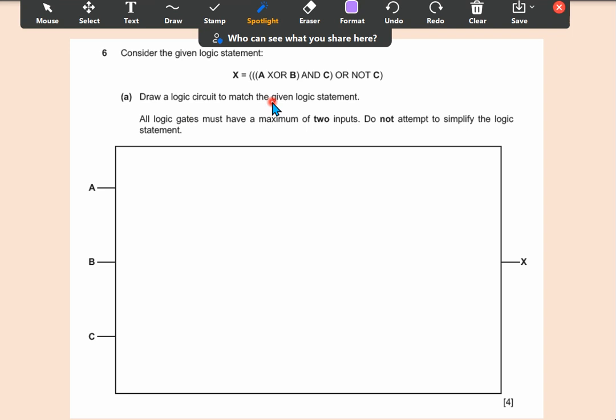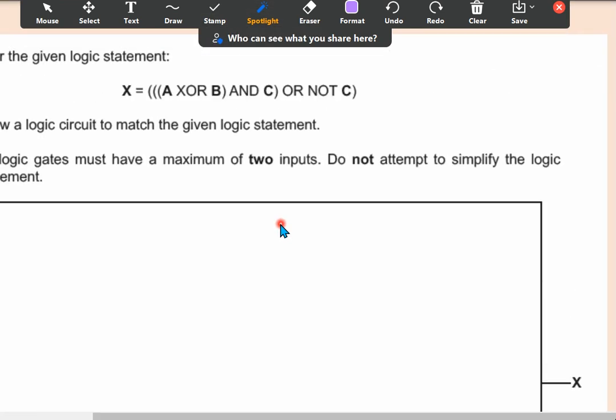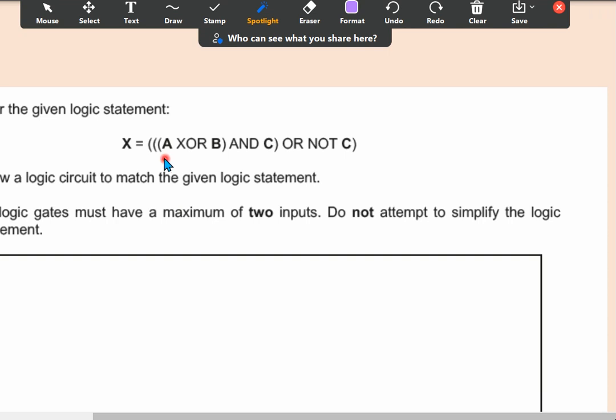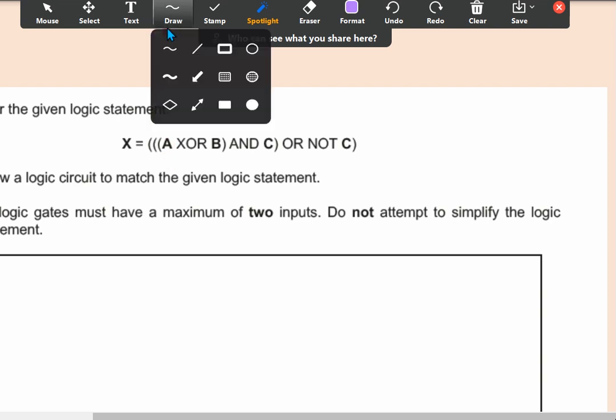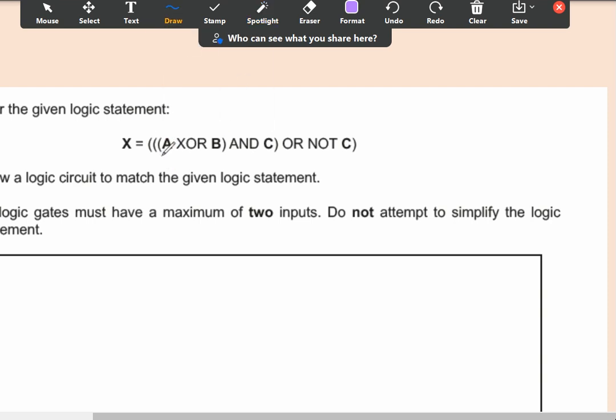So we are given here a logic statement. As we can see here clearly, if I zoom that in, we have here 3 parentheses. So the technique here is the same as with math. You will have to work first on what is inside the parentheses.